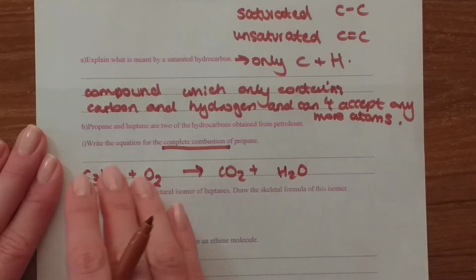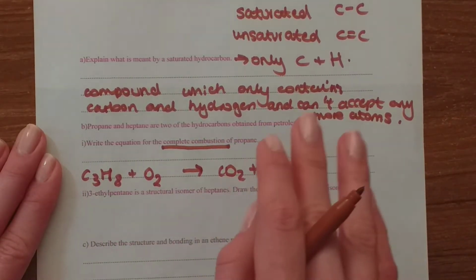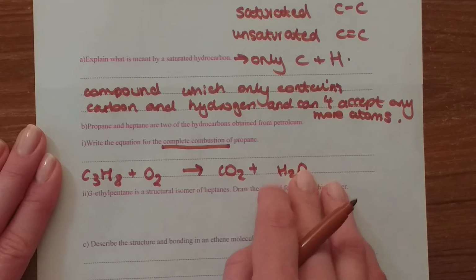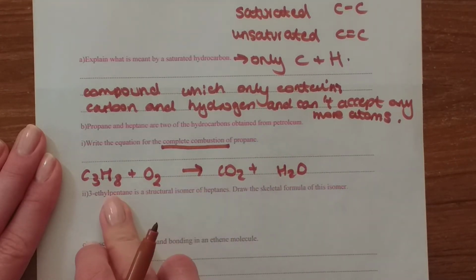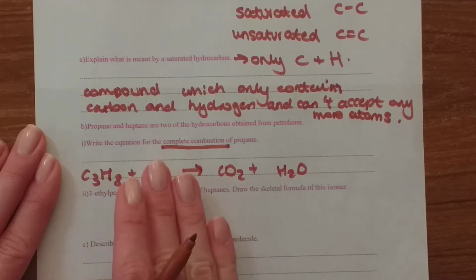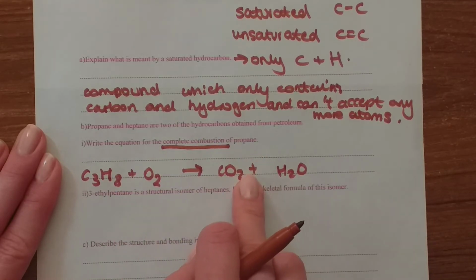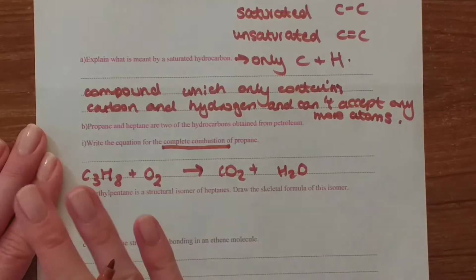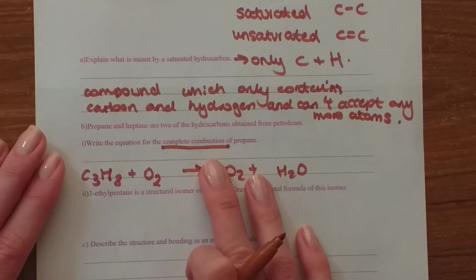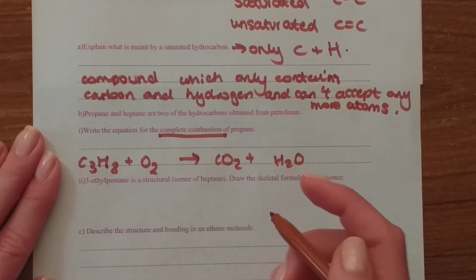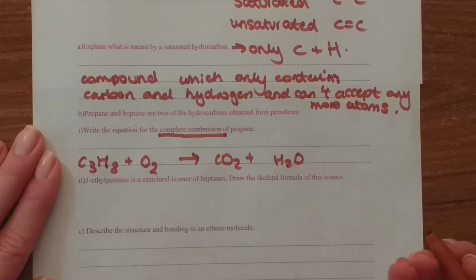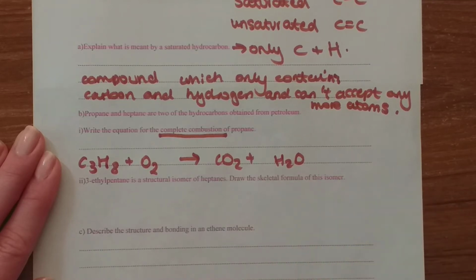We have a hydrocarbon reacted with oxygen, and carbon dioxide and water are formed. In incomplete combustion you would have the hydrocarbon plus oxygen giving carbon monoxide plus water. But now we are focusing on complete combustion. And the last thing that you have to do is just balance the equation. And this is the balanced equation.